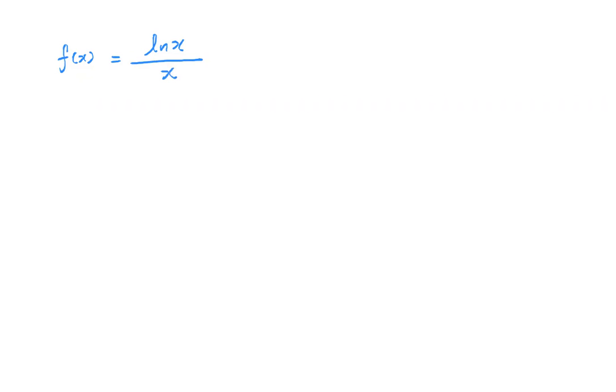The function on top we call u. The function at the bottom we call v. You cannot interchange, because quotient is not commutative. 1 divided by 2 is not the same as 2 divided by 1. Cannot interchange. So now the formula for f prime x, you have to follow very strictly.